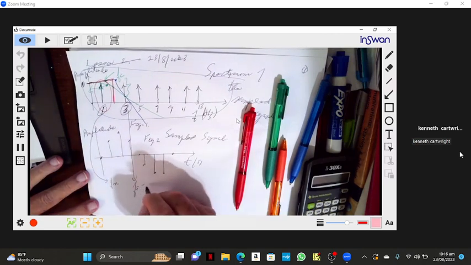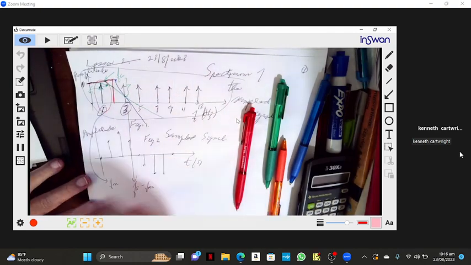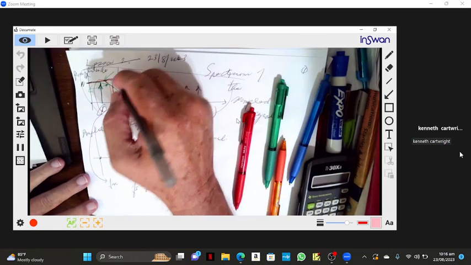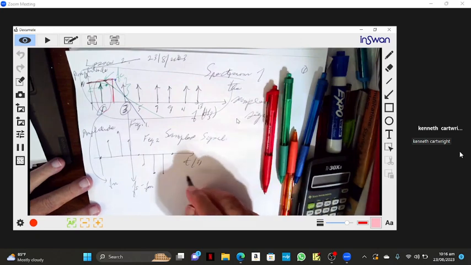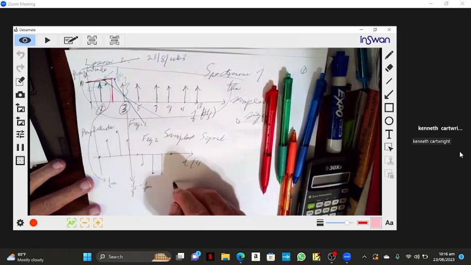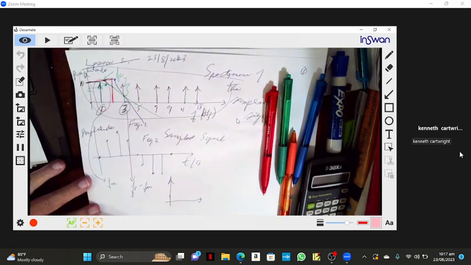Yes, FS minus FM. So we'd choose a cutoff frequency of probably about 2K in this case.